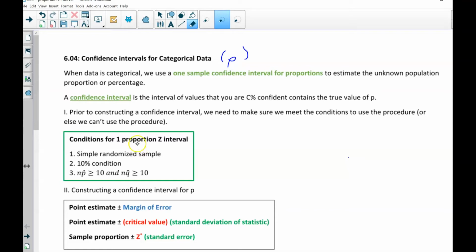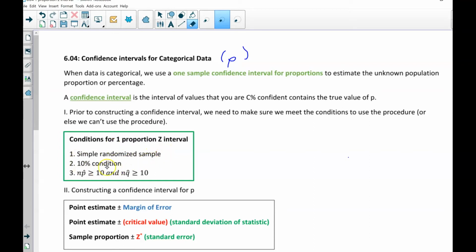The second step is to make sure the conditions are verified. So what are the conditions? They're the same as the ones you used for the sampling distribution of proportion. Specifically, you should have an SRS, or the next best thing, a randomized sample.